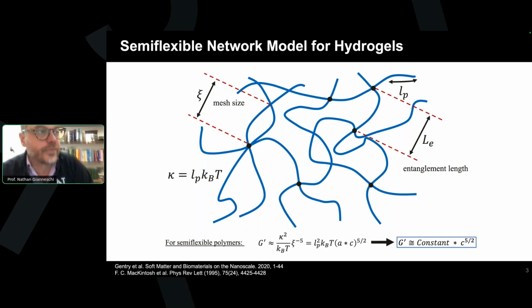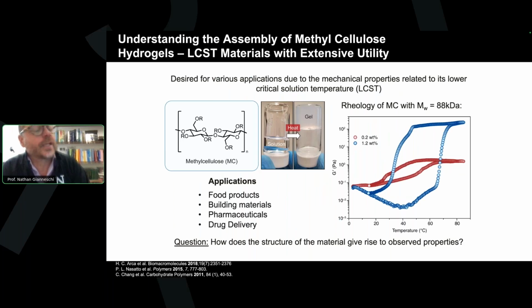Let's say the persistence length, for example, entanglement lengths, mesh sizes, concentration of the polymer, of course. If I knew those things and I understood the structure, could I ultimately predict performance or behavior of the material? And that would be not just for hydrogels, but any kind of material, the type of thing we would want to know from a direct imaging experiment, combined, of course, with indirect methods, and I'll describe that.